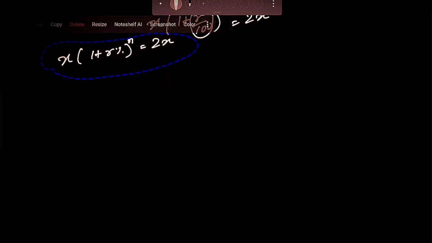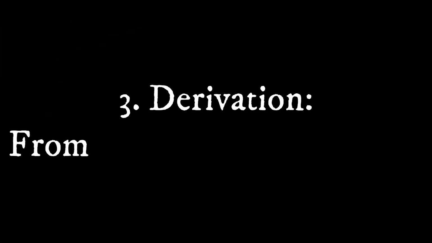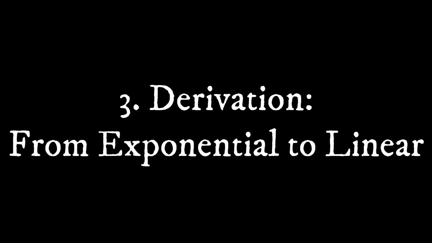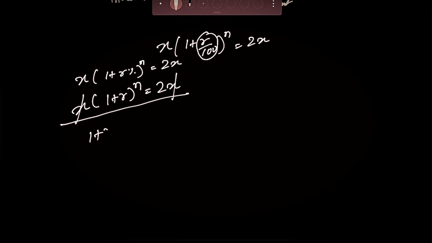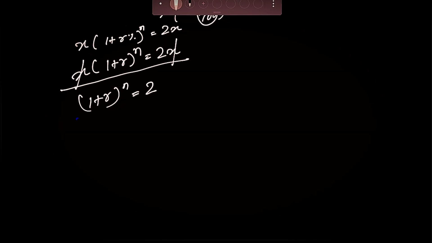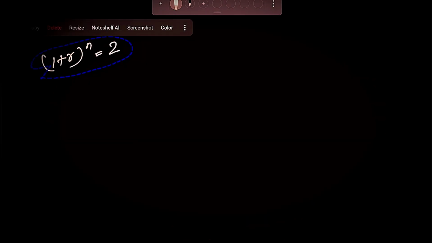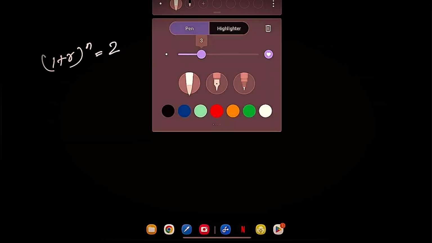From here, in this formula, we can cancel x on both sides and get a formula. Forgetting everything else, we can start from here.